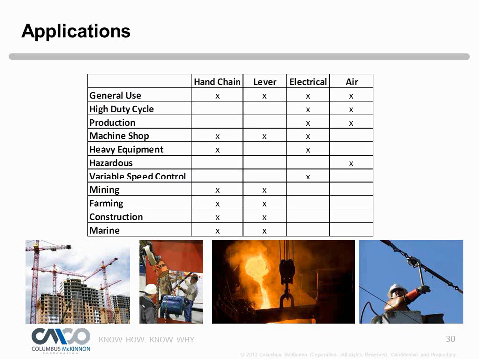It's going to be air. Variable speed control, electric. Now, I could probably check air on that variable speed control because you can feather out that air. It's really not a VFD. You're just letting a certain amount of air in and out so you can slow the air down and slow the hoist. So you can get some variable speed control with air. And then mining, farming, construction, marine, where you would see a hand chain or a lever hoist more predominant in those types of industries.